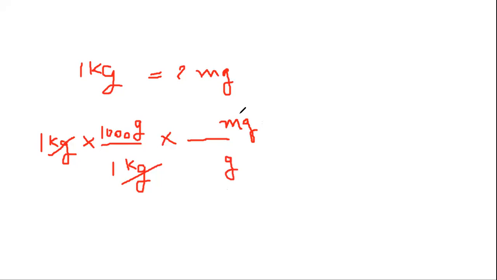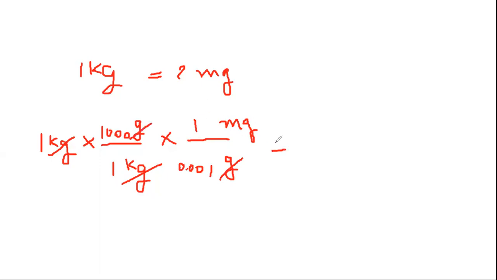So there, 1 milligram, in the table it is given. 1 milligram will be equal to 0.001 gram. I have taken this conversion from the table. So again, this gram is cancelled out. What is left? 1 milligram is left.